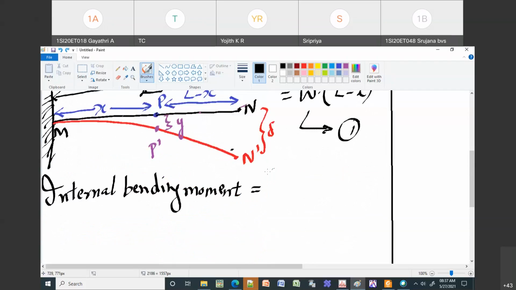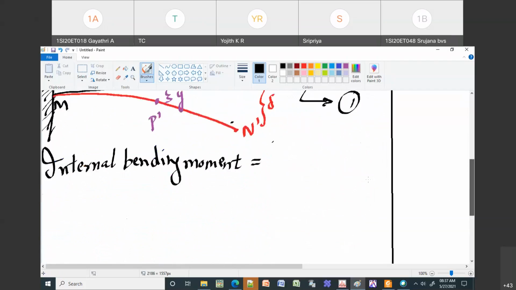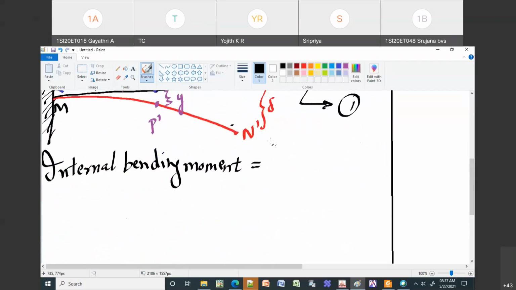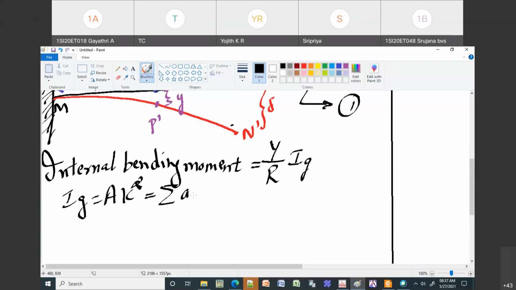As this is a rectangular beam, we use the same formula that we derived in the previous class, which is nothing but Y by R into Ig. Y by R into Ig is your bending moment, where Ig is A k square, or the summation of A into x square, and it depends on the structure.